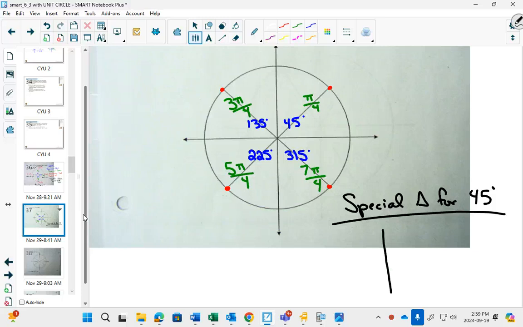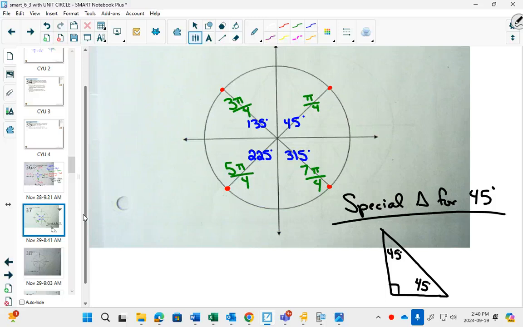So I go back to my grade 10 math and I say, well, I can get sine and cos if I have a right-angled triangle. And if I make one of these angles 45 degrees, what's the other angle in this triangle? Also 45, which makes this triangle special. It has a special name. What do we call this triangle? It's a right triangle, obviously, it's special for that.